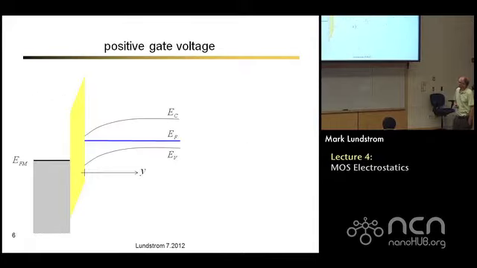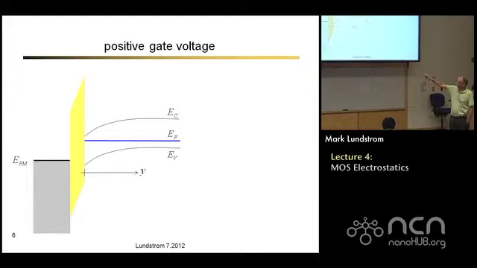All right. So I apply a positive gate voltage. Boom! It pulls down the Fermi level in the gate. That positive potential in the gate is then reflected. It pulls down the energy bands in the oxide because potential energy is minus Q times voltage.